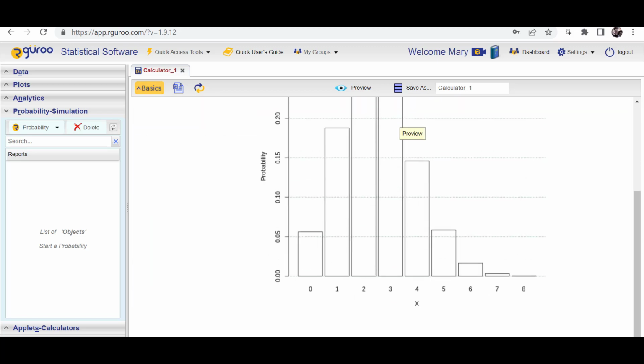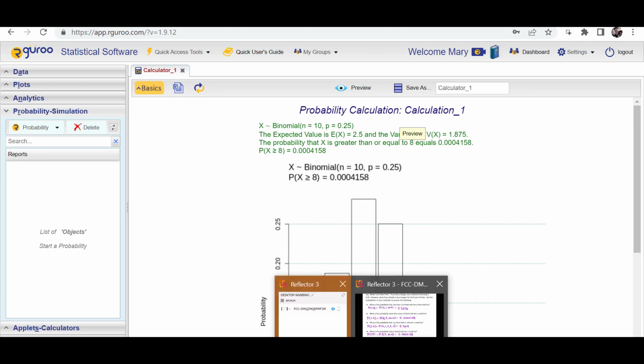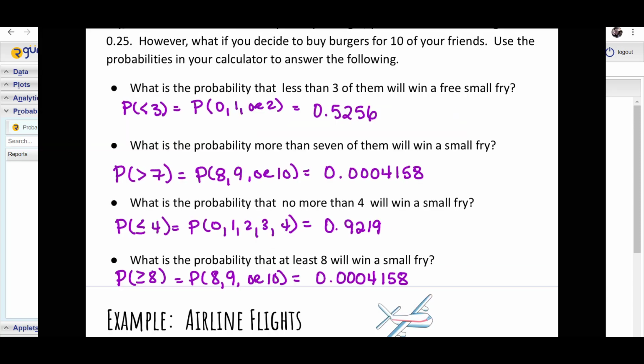And you're not going to be able to see any shading because, again, we've gotten to the small probabilities, and those small probabilities do add up to be 0.0004158, which again rounds to 0.0004. Okay, so there's one example. Oops, and you did not see, I did not go back here. So, there we go. Those are the answers to those solutions.